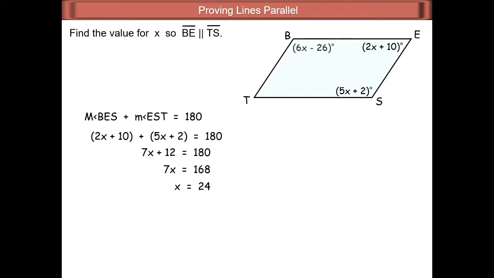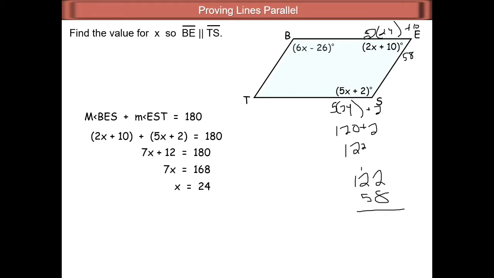The easiest way to see if these are correct is to substitute, and I substitute 24 for x. That is very bad penmanship. And I get 120 plus 2, which is 122, and 2 times 24 plus 10 would be 48 plus 10, which would be 58.